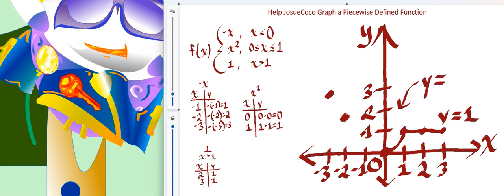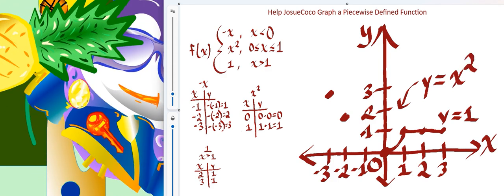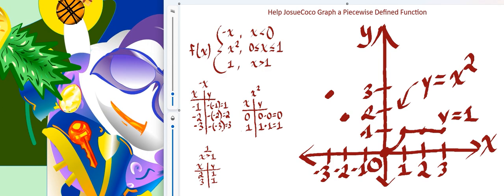Y equals x squared, x to the second power.